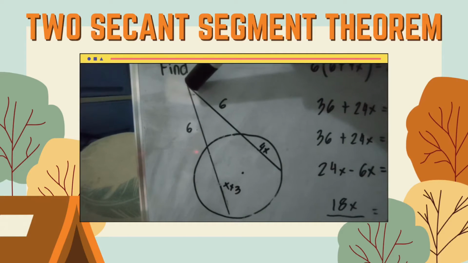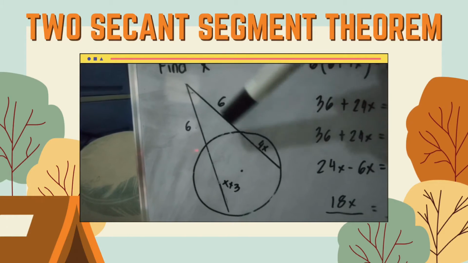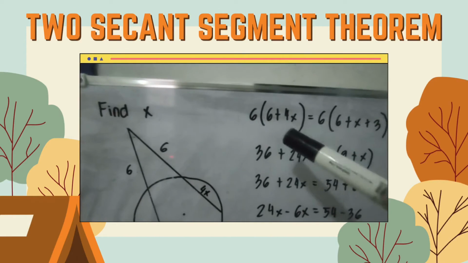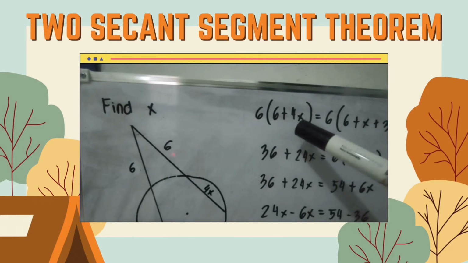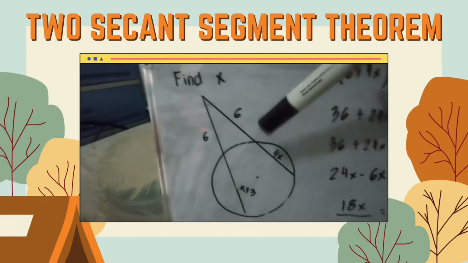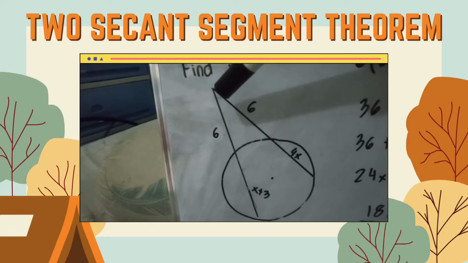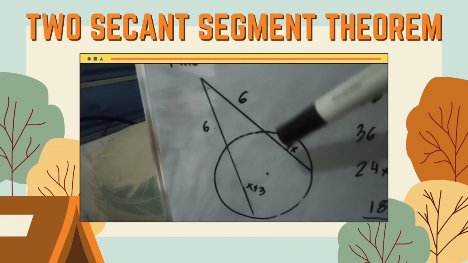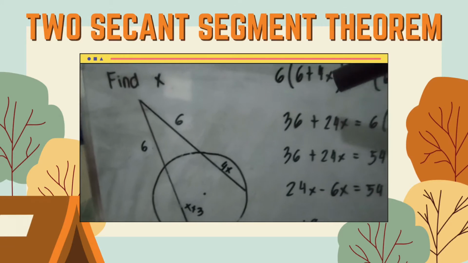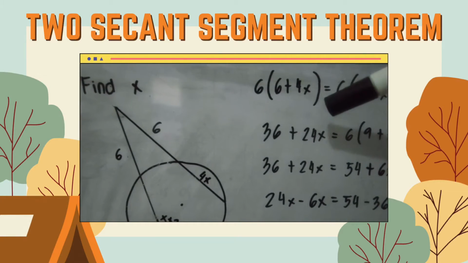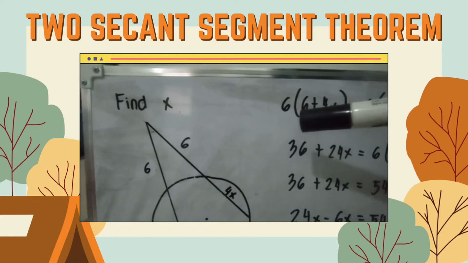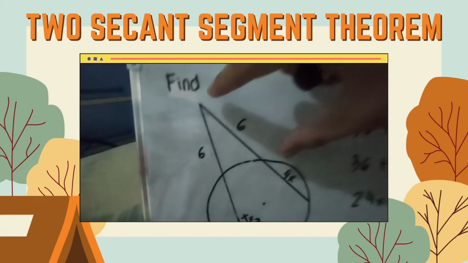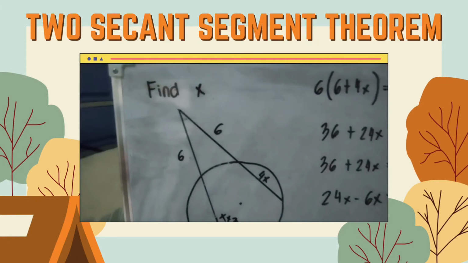The total length of the secant segment is 6 plus 4x, so we write 6 plus 4x, because the total length of the other secant segment is 6 and 4x. That's why we write 6 plus 4x times its external part, which is 6 here. That is our external part.